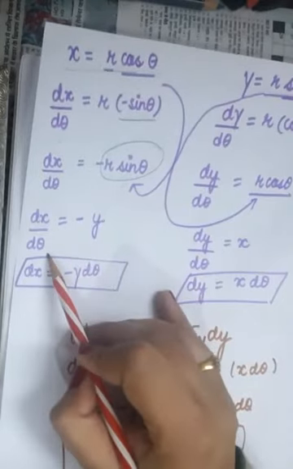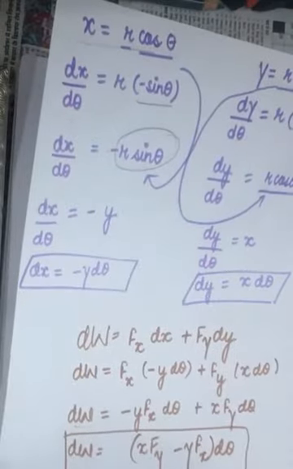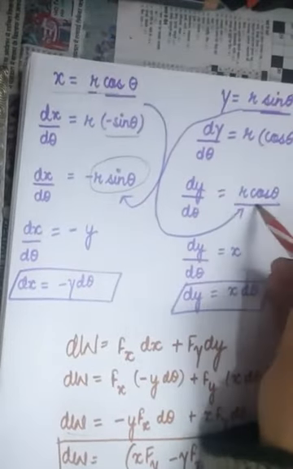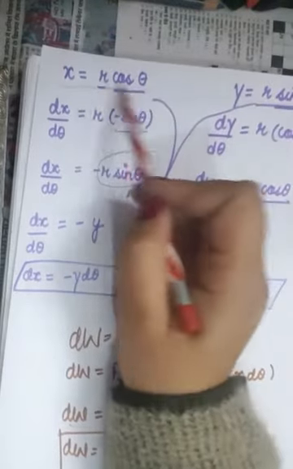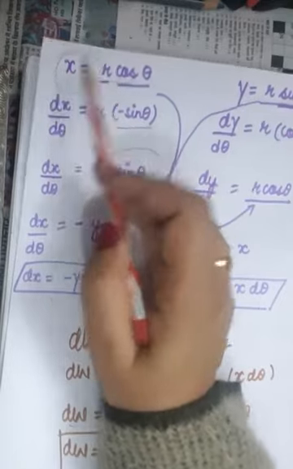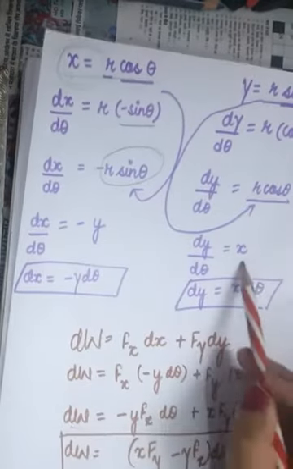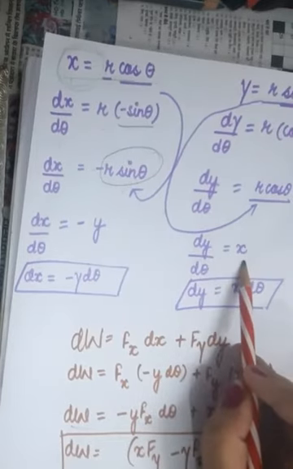So dx by d theta becomes equal to minus y. The same way, dy by d theta came out to be r cos theta, but r cos theta is definitely equal to x. So I am going to substitute this, and I'm ultimately going to get dy by d theta equals x.